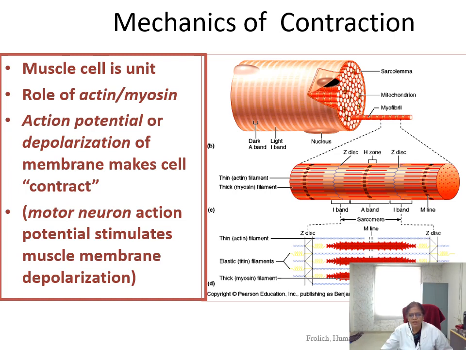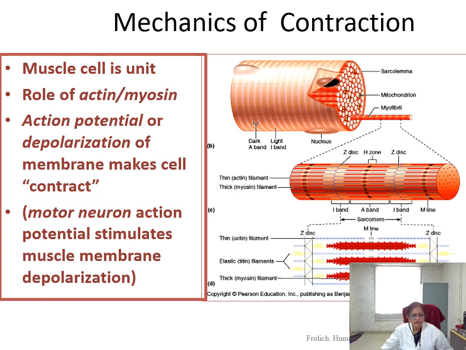We have so many other proteins also to keep the structure strong and supporting while muscle contraction is going on. Every muscle fiber is supplied by a nerve terminal called a synaptic knob.